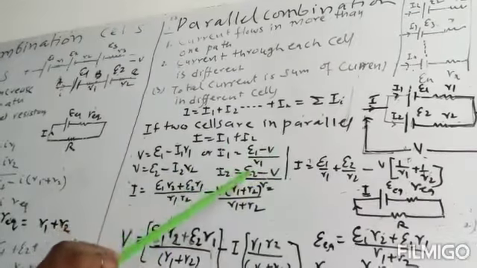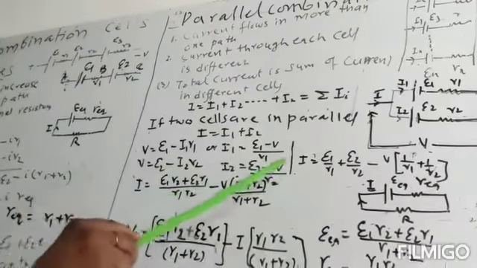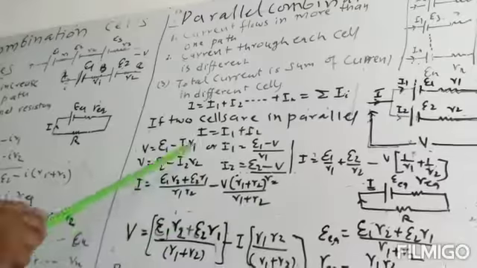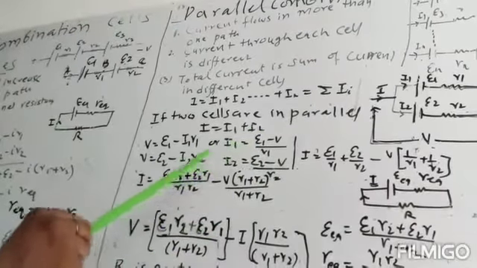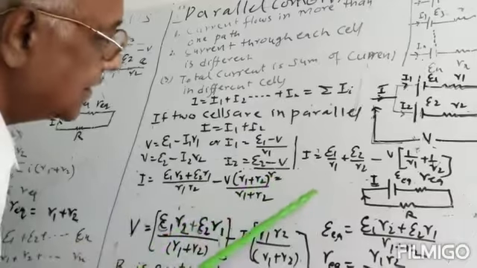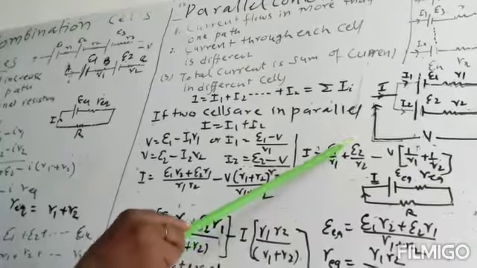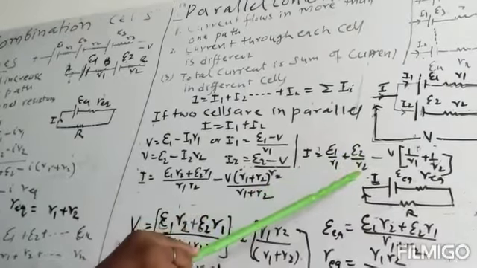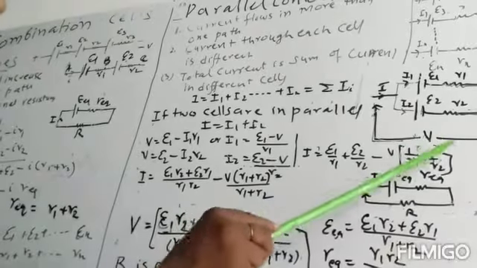The total current will be the sum of these, so I equals E1 by R1 plus E2 by R2 minus V times (1 by R1 plus 1 by R2).